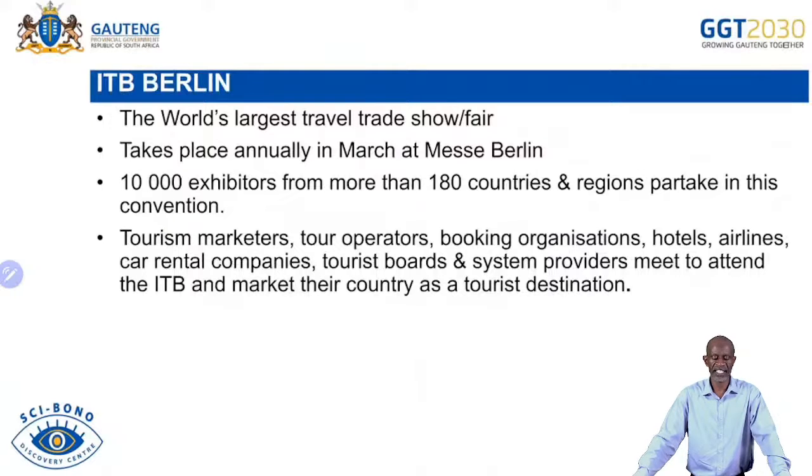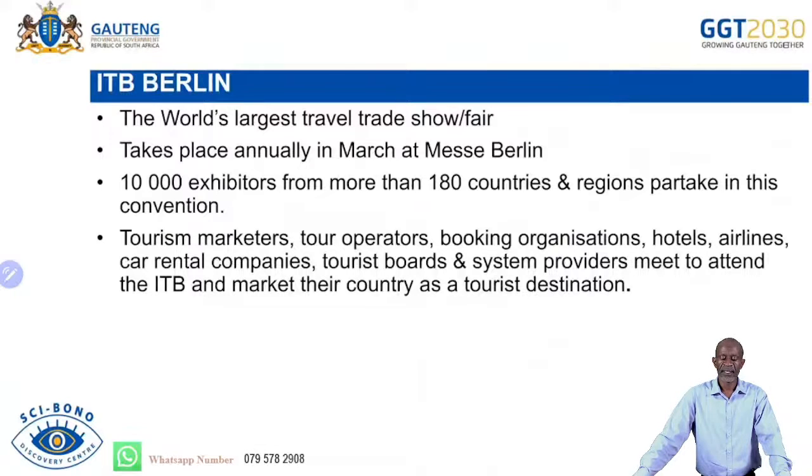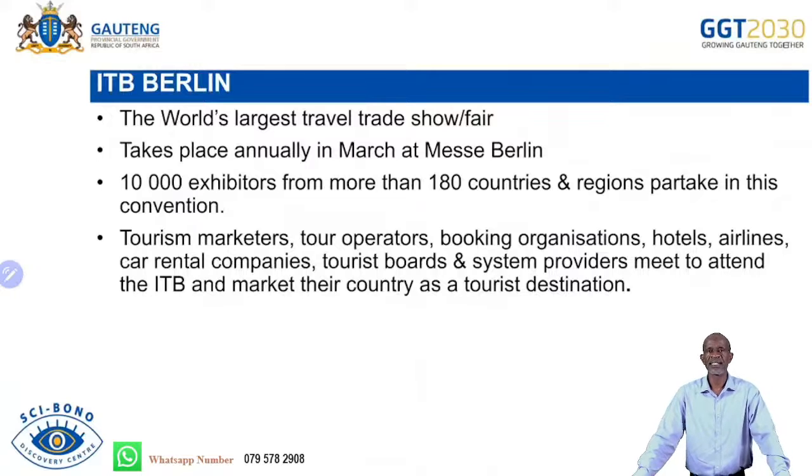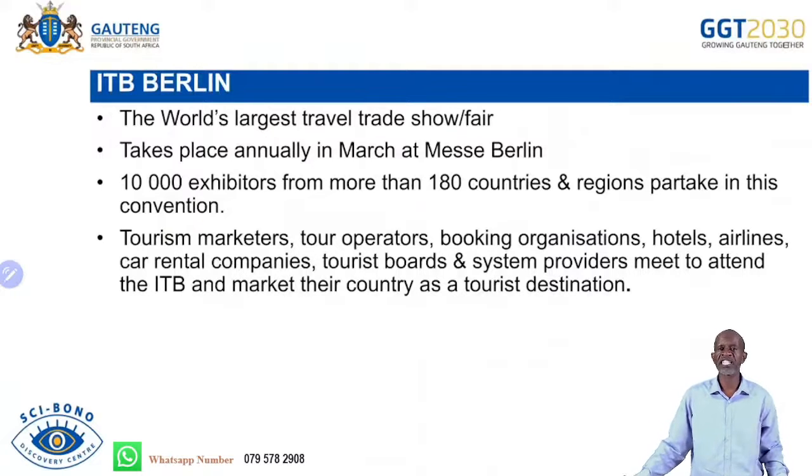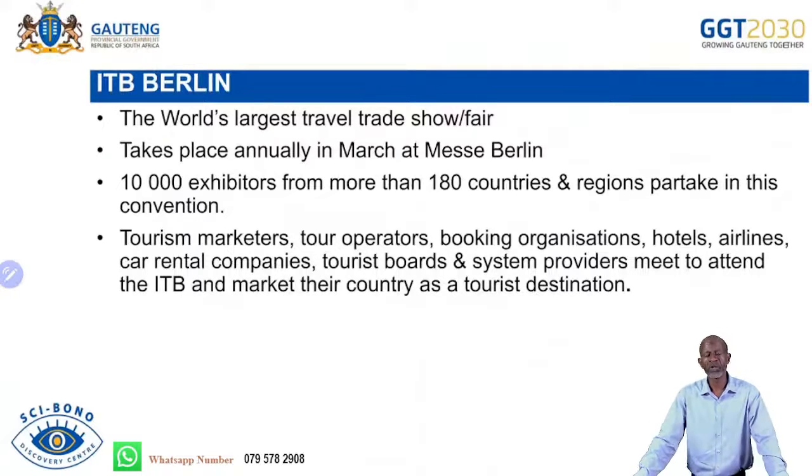ITB Berlin is the world's largest travel trade show or trade fair.